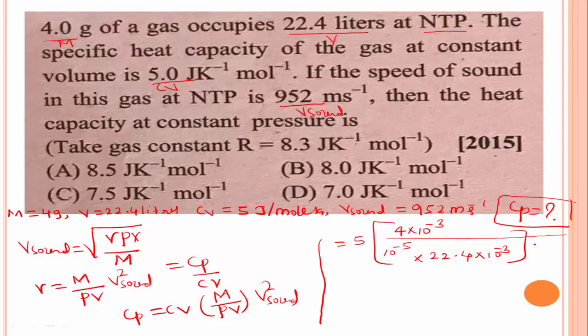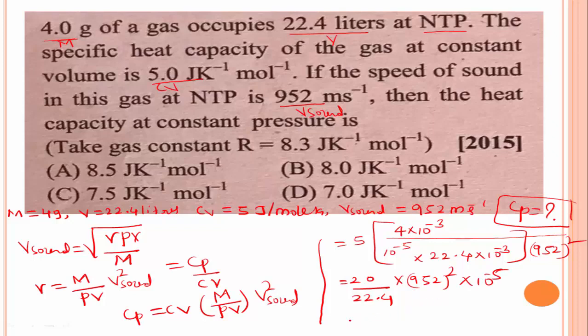Then the velocity of sound is 952 whole square. We get 20 divided by 22.4 into 952 whole square into 10 to the power of minus 5.